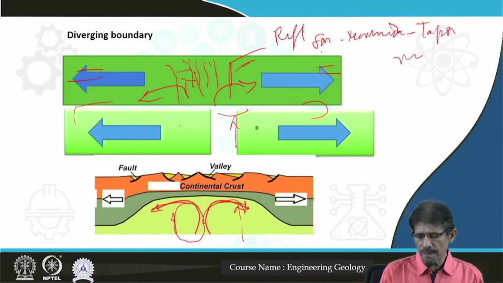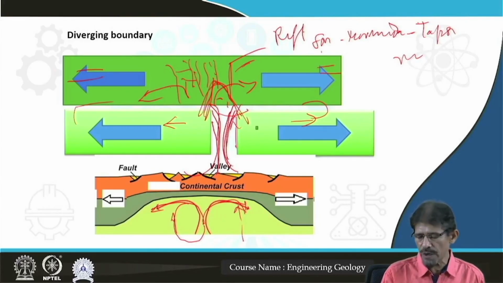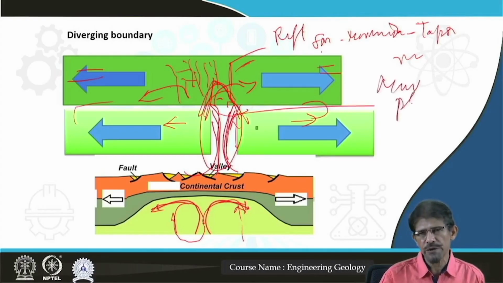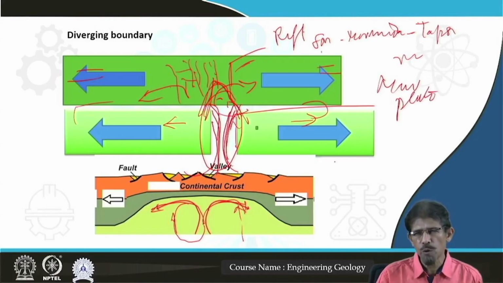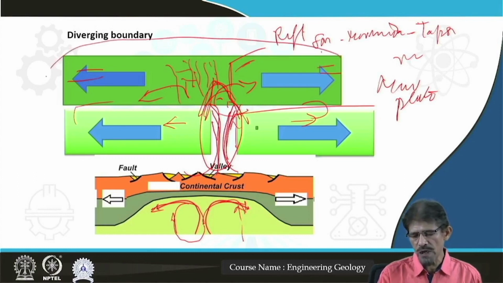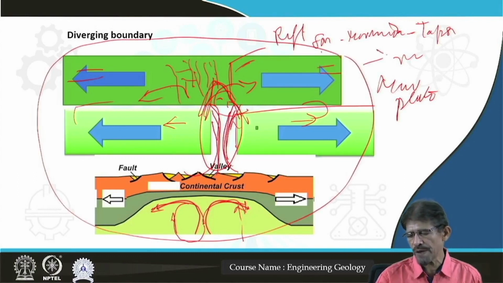Later on, with continuous diverging movement, there is a flow of inner material in the form of volcanic materials and others, deposited nearby the boundary and responsible for the formation of new plates. Therefore, we can expect more plates in our future. And this type of boundary is responsible for the formation of a rift basin.